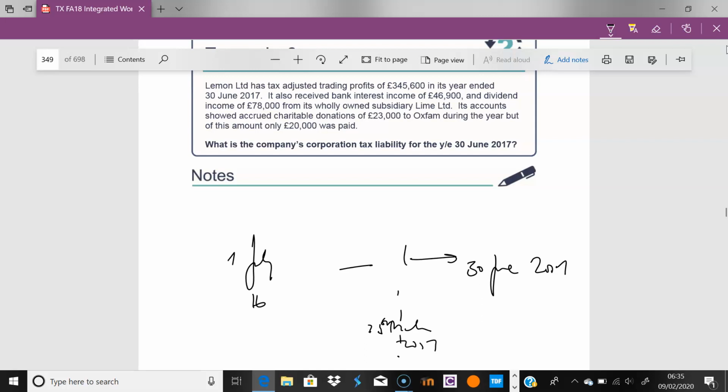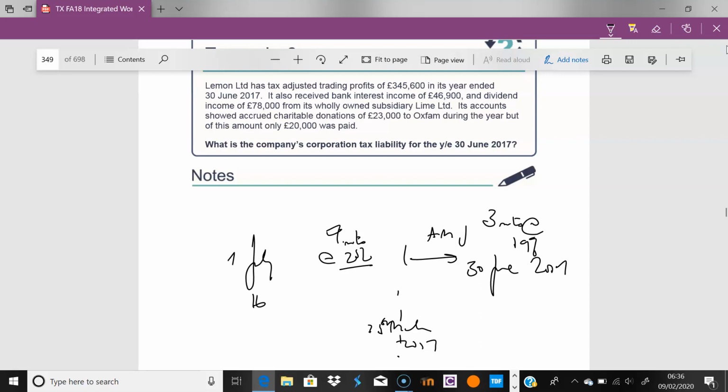So March, April, May, June: you have 3 months here at 19%, and 9 months at 20% when you split this up. Just watch out again, it's nothing untoward, it's just treating it that way.